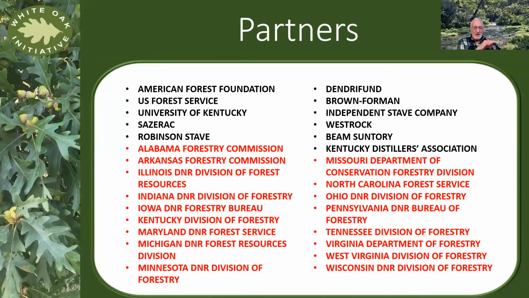But you can see it literally is a cornucopia of both state and private federal entities coming together to realize that we've got an issue where if we want to maintain our oaks and those wildlife communities that depend upon them, we've got to do something and address this lack of smaller diameter trees.